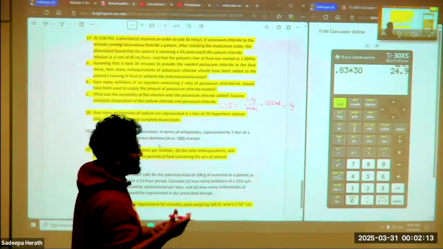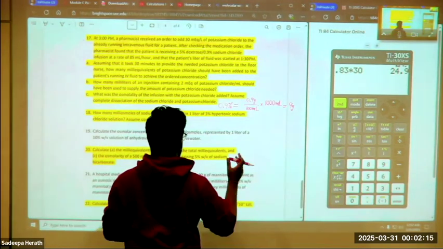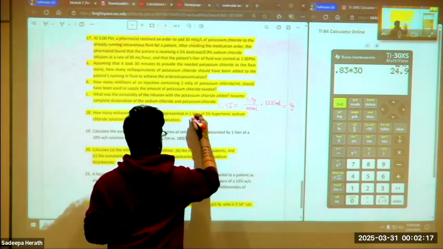It's a very similar conversion to that from milliequivalents.